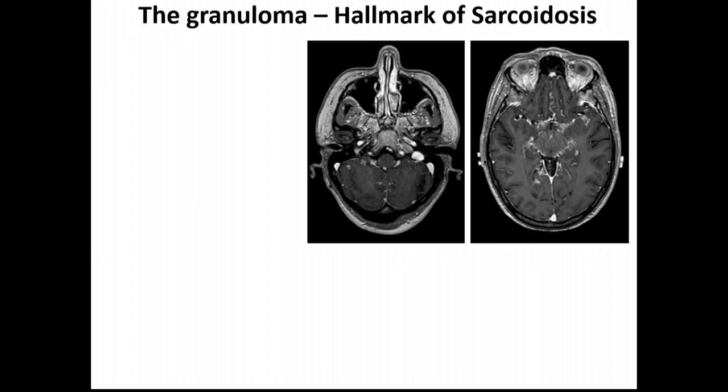There was no evidence of fungus or mycobacteria. We did extensive infectious studies to make sure it wasn't an infectious meningitis, didn't find it, looked for malignancy, felt comfortable saying she has subclinical pulmonary sarcoidosis.